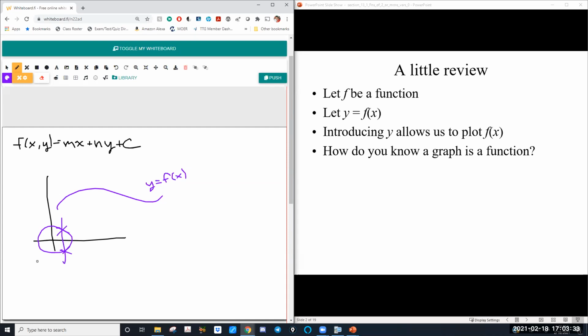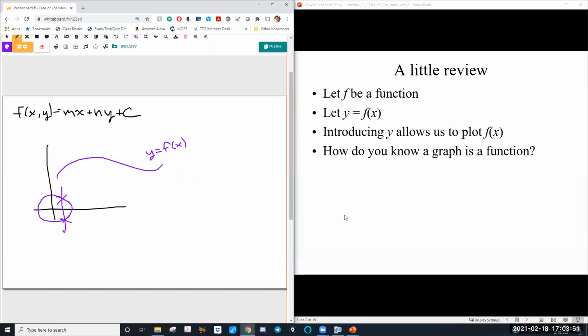Polar equations that we talked about a little bit last time can give us a circle. And polar can be done as a function. But in terms of our rectangular coordinates, we have a unique input giving us a unique output. So a circle wouldn't necessarily be the graph of a function.